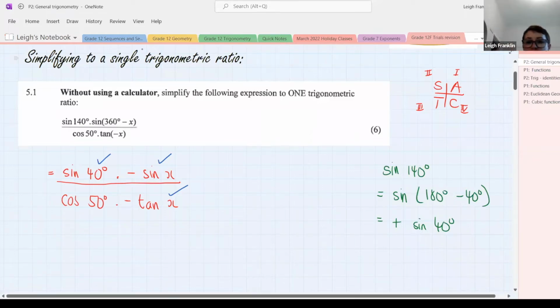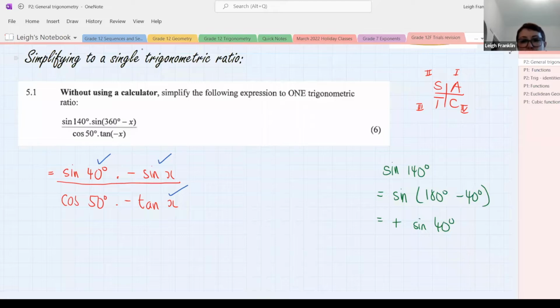You've got to use your reduction formulae. Okay, so Oratila says negative cos x, Tsavo says negative cos x.